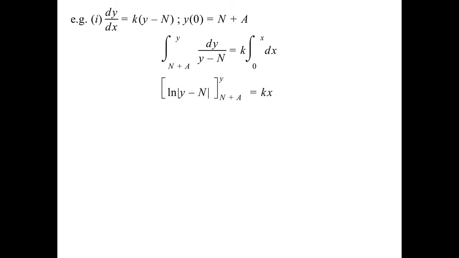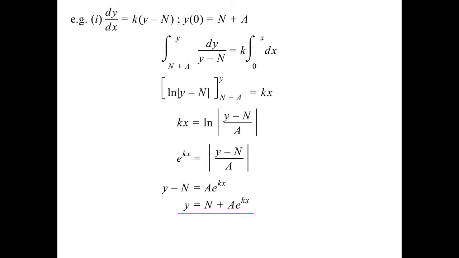Left hand side, we'll have the log of y minus n. So kx is equal to, substituting in, we get log of y minus n over a. So e to the kx is y minus n over a, which means y minus n is equal to a times e to the kx. And moving the n across, we get the answer that we're used to seeing.